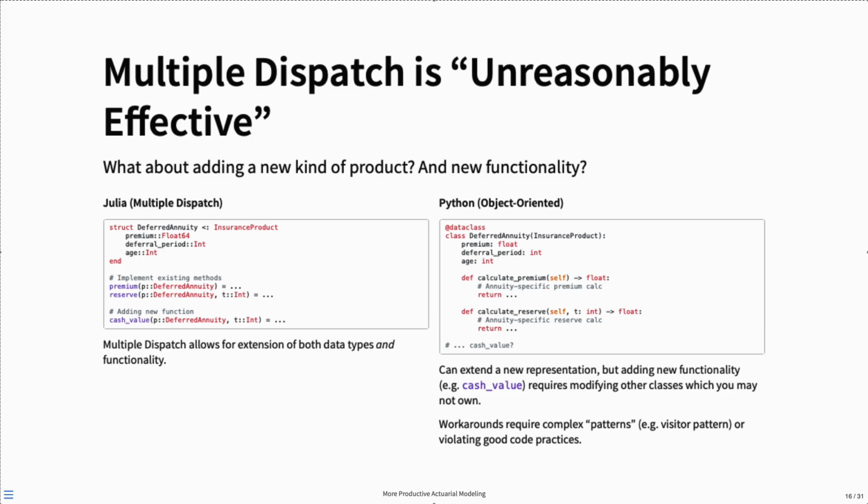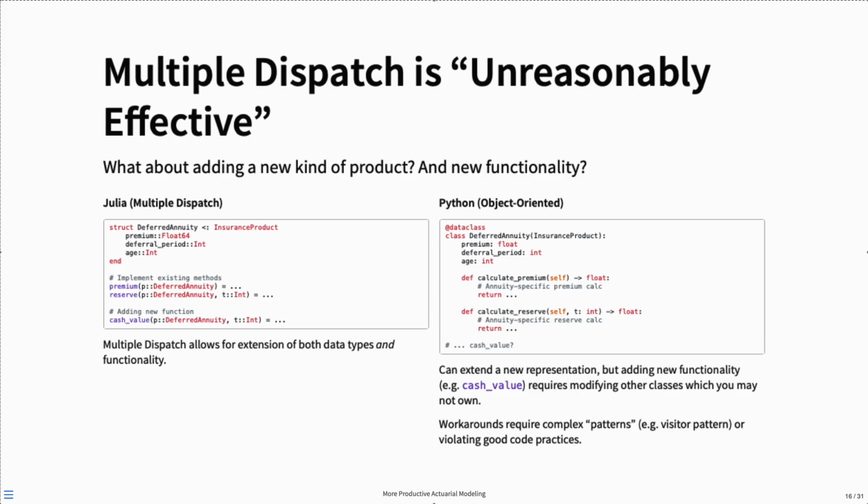This is what's called multiple dispatch. With this function, the behavior depends on the combination of the inputs. So here, the combination of a deferred annuity object and a time value dictates that Julia will select this method, whenever cash value is called on that combination of arguments.